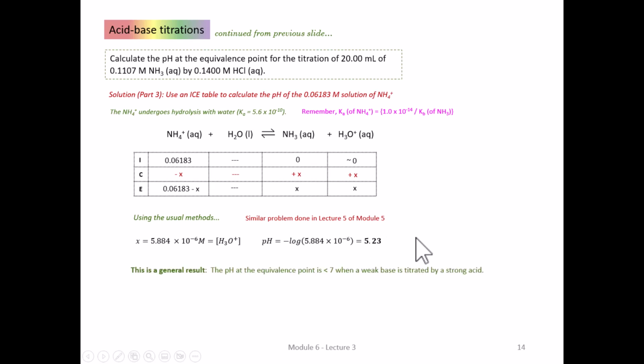And this is a general result, meaning the pH at the equivalence point should be less than 7 when a weak base is titrated by a strong acid. The actual pH will depend on the concentration of the ion involved and on the Ka value of that ion in water.